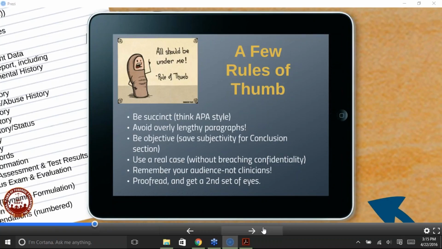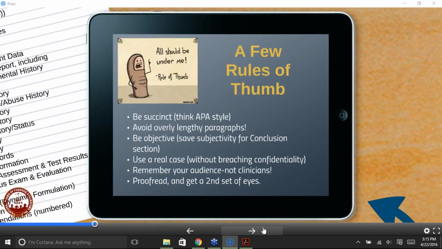It's very succinct and in some ways kind of technical. You try to capture the most amount of information in the least number of words when you're writing in APA style. So you do not want to have big, lengthy, superfluous, richly worded descriptions of things when you're writing a forensic report.